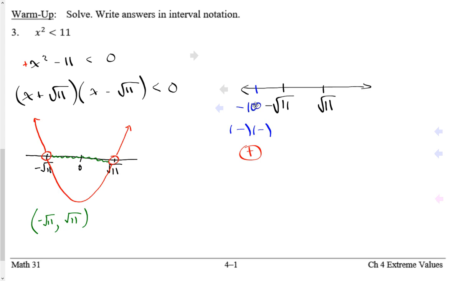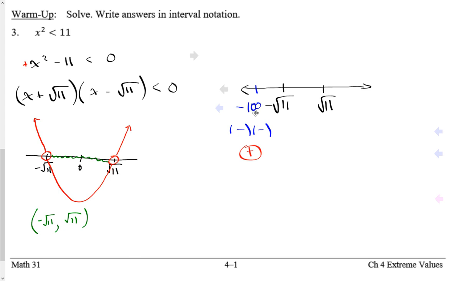So if I imagine that I have a negative 100, and I plug that negative 100 in for this x, negative 100 plus root 11, well, I don't know what that's equal to, except I know that it'll be a negative number. So that's why I put a negative sign in this bracket here. This first factor will be negative if the x is a negative 100, and in fact, if it's any value here to the left of this negative root 11.